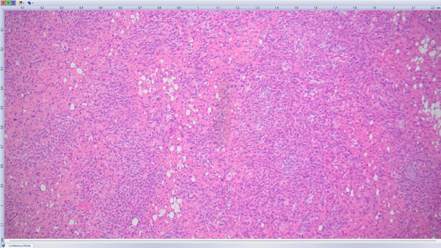PIK3R1. I do not know that this is a known partner for PLAG1, but what we know is that oncocytic pleomorphic adenomas and myoepitheliomas, which is my diagnosis in this case, do have unusual fusion partners for PLAG1.